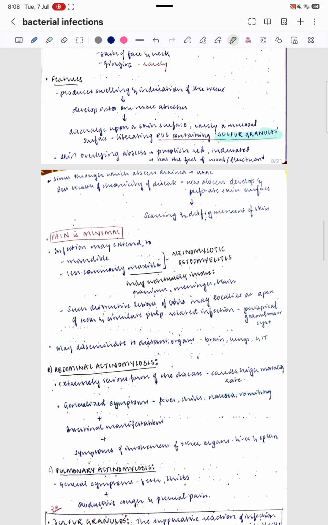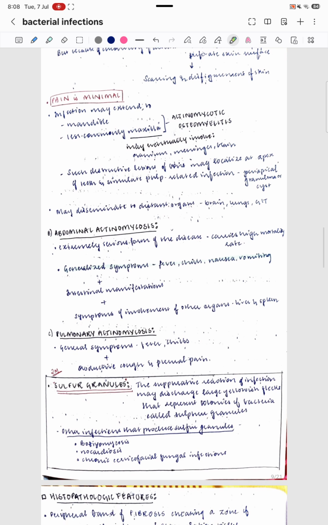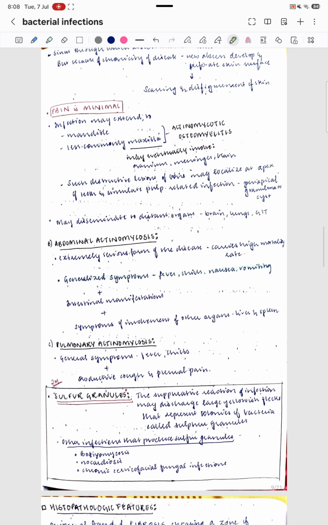The pain is minimal. Then we deal with actinomycosis osteomyelitis because it is affecting the maxillary bone. Now if it is complicated, it can involve the cranium, meninges, and brain. Such destructive lesions can be localized at the apex of the teeth or simulate pulp related infections.